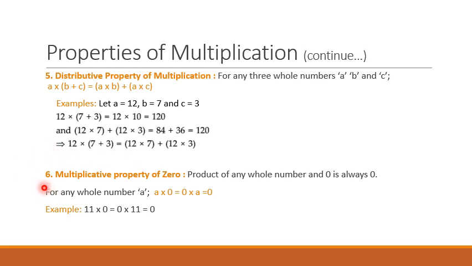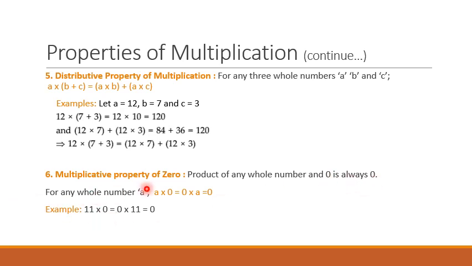Now the next property is the multiplicative property of 0. This says the product of any whole number and 0 is always 0. That means if I multiply any whole number by 0, the answer is going to be 0 only.